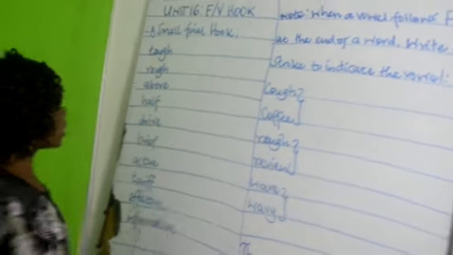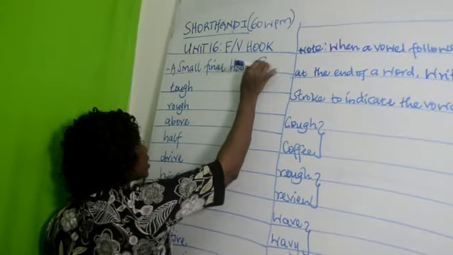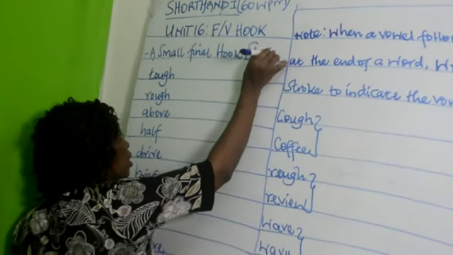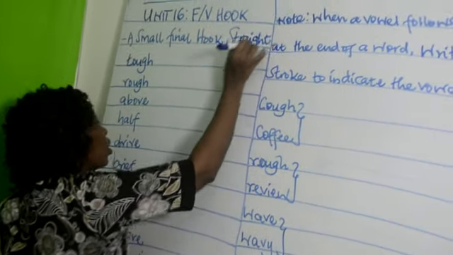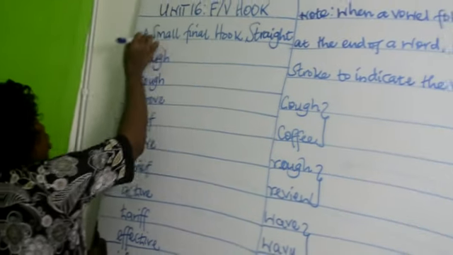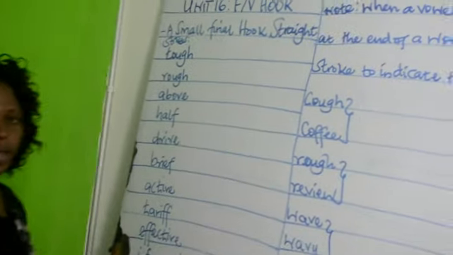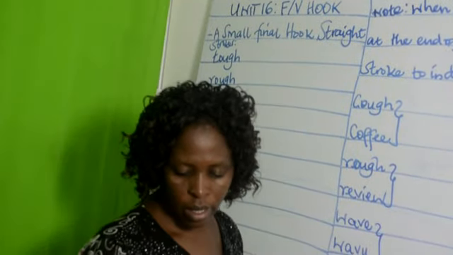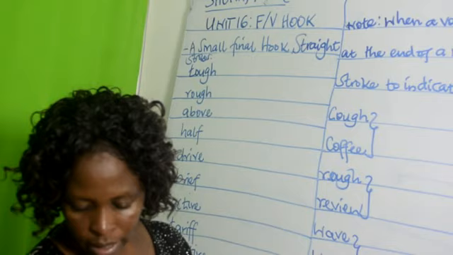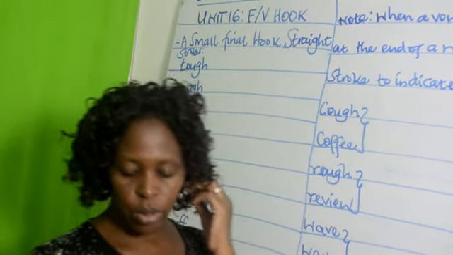So we are going to begin with indicating the V hook on the straight strokes. Below here we have examples of words which are drilled with that V hook.